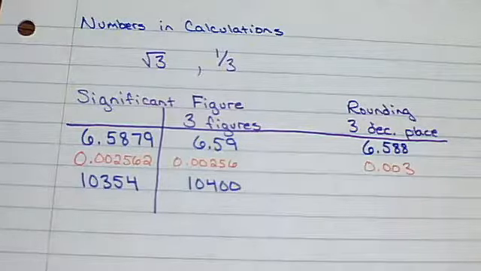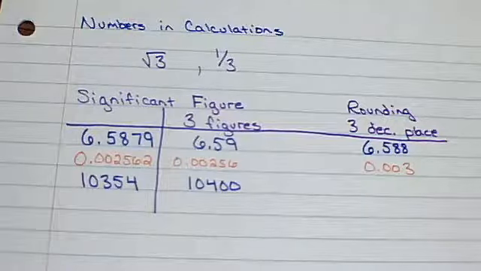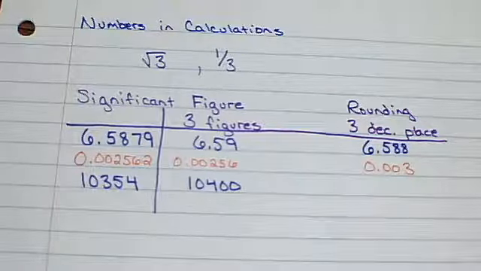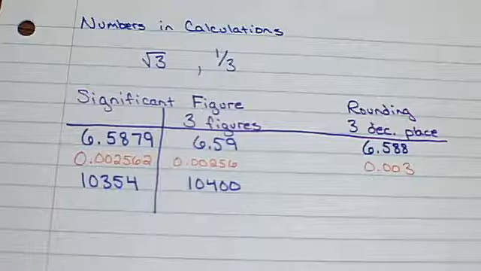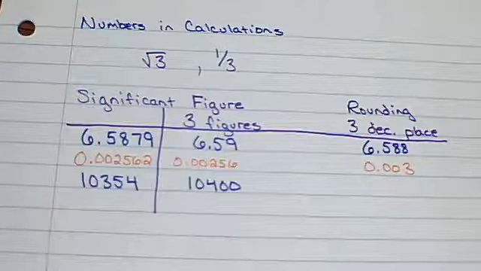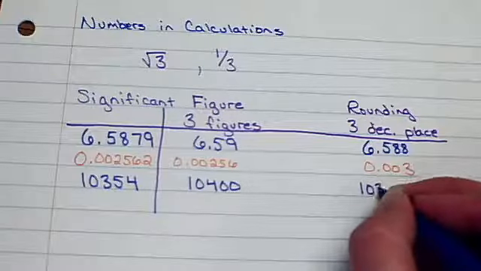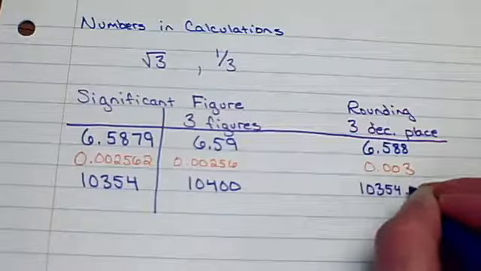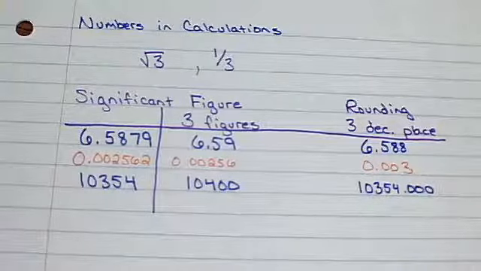The idea here is if I have something that's 10,354, is the 54 really going to matter much? No. The 10,400 is where I really want to be more exact. Now, how is that going to be in 3 decimal places? In decimal places, we'd have to go 0.000. There is no decimal places in the original.